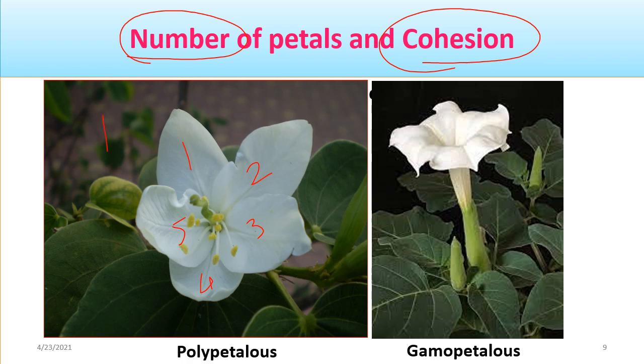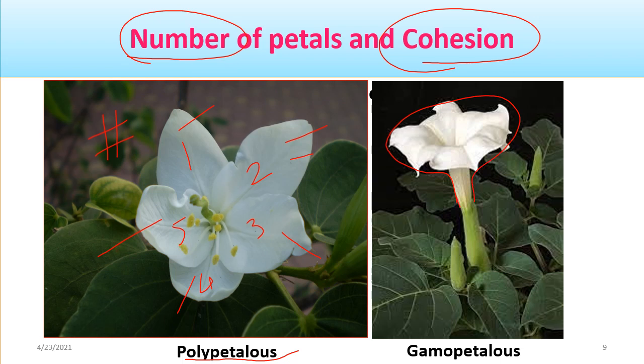In this figure, it is not attached because this is separate, this is separate, this is separate, this is separate, and this is separate. So this is free. That is called polypetalous condition. Whereas if you look into this, such type of separation is not there. This together has formed a unit or tube-like structure.